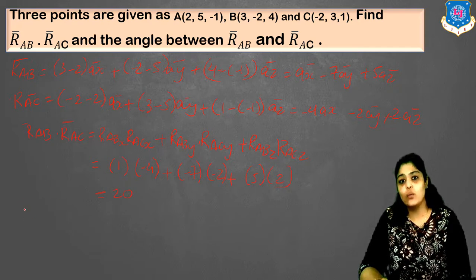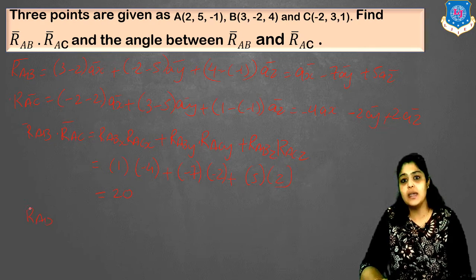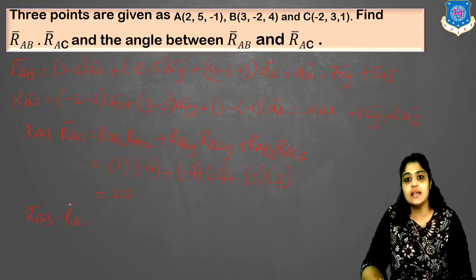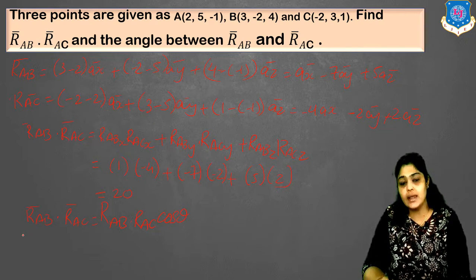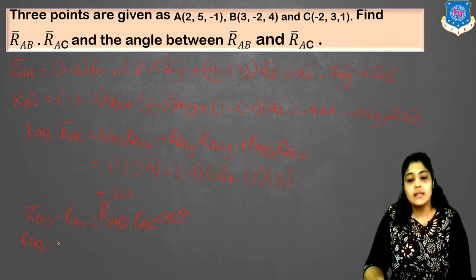Now we know that RAB dot RAC equals RAB into RAC into cos theta. So I first find out RAB, the mode of RAB. That can be found as 1 square plus minus 7 square plus 5 square.